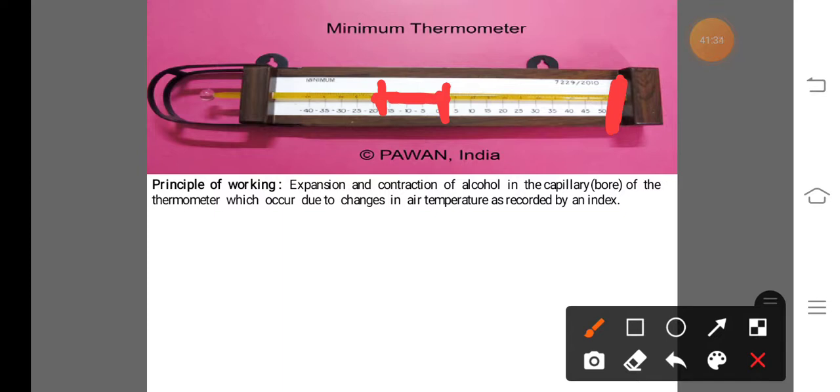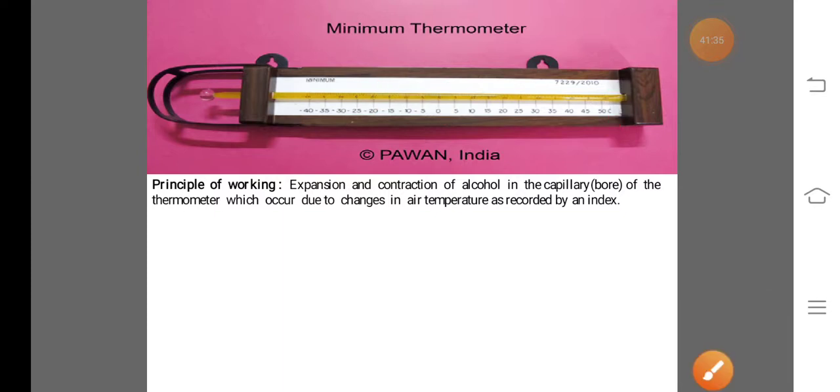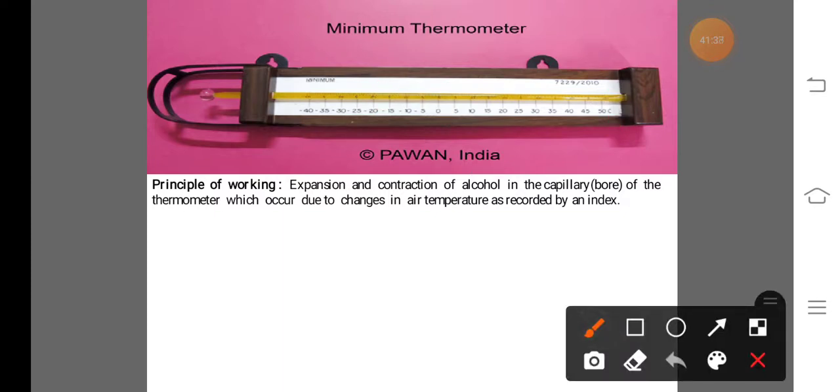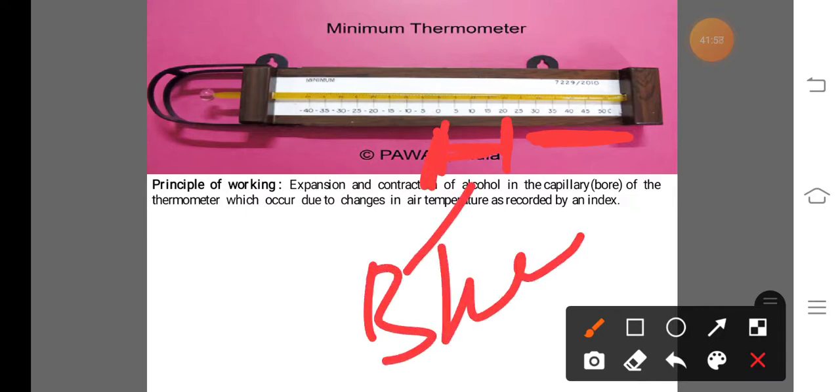Suppose here alcohol is present, and alcohol is present on this side, the plus side of the minimum thermometer, and in front of this alcohol one meniscus or one index is present, and the index is blue in color.